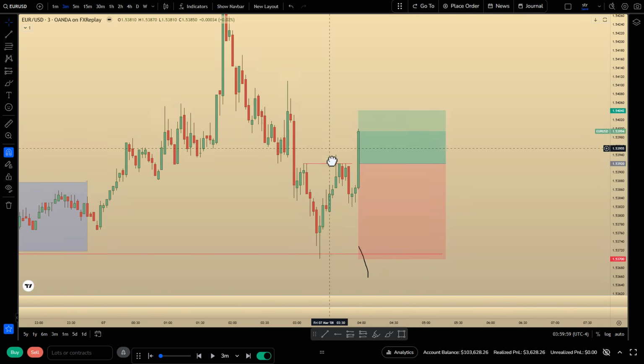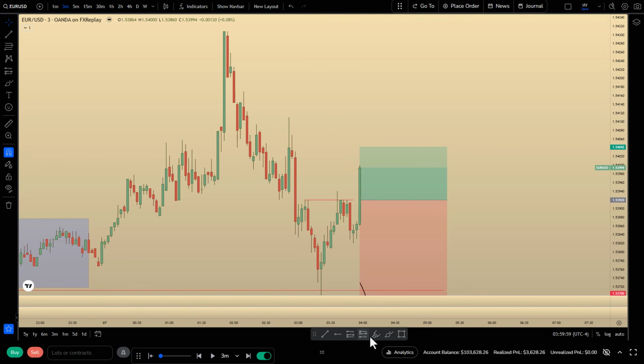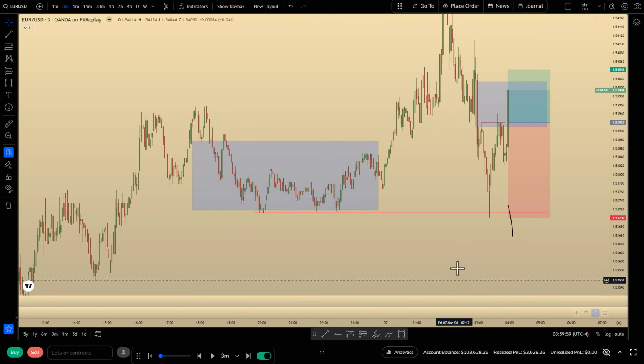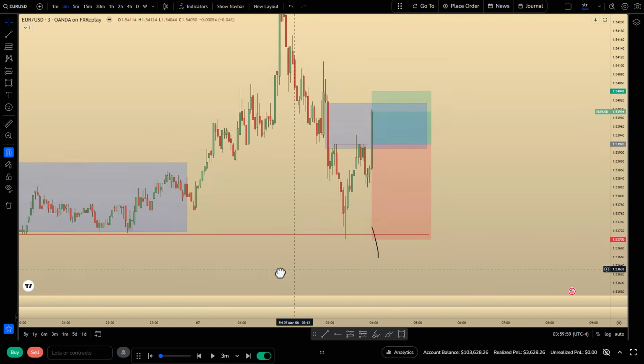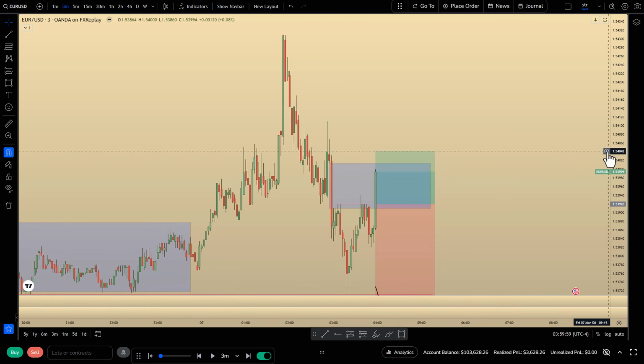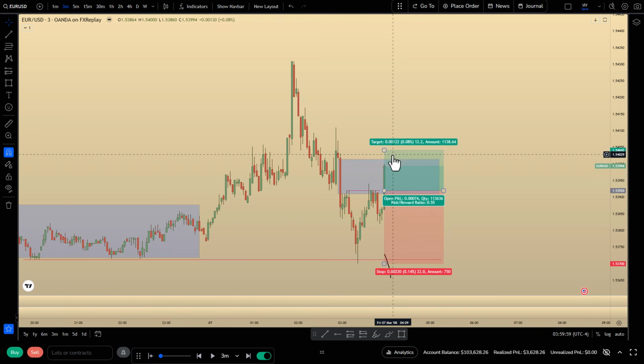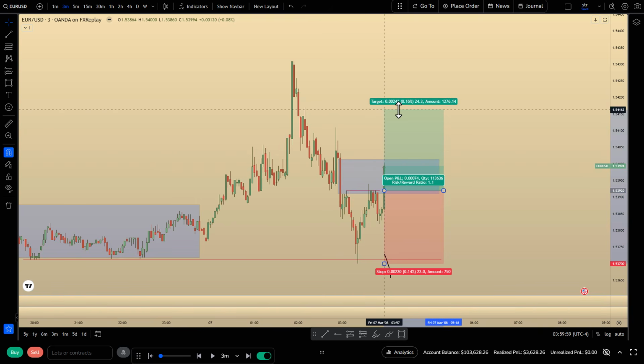A bit risky because there is this imbalance that can push price. But again, we are with the order flow and the confluences on the higher time frame are looking good. And the SMT. I want to target the fill of this imbalance.